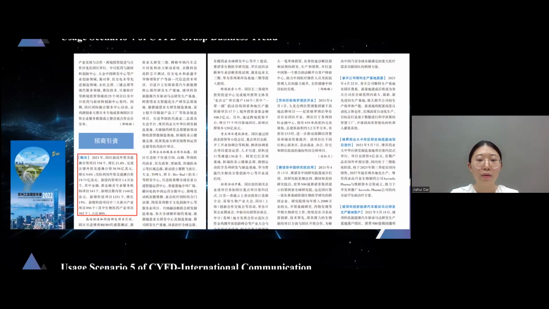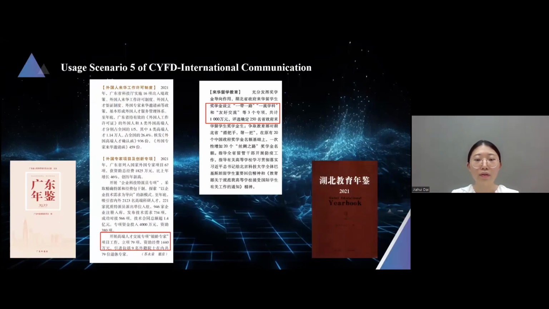Finally, in the usage scenario of international communication, we can know China's work permit system for foreigners, foreign expert projects, and innovation projects from the Guangdong yearbook. Its government funded 14.4 million yuan to carry out the Silver Age Expert Project for high-end talent exchange.